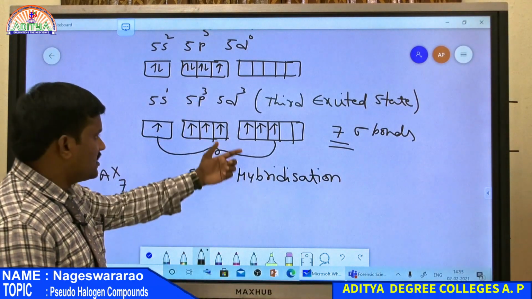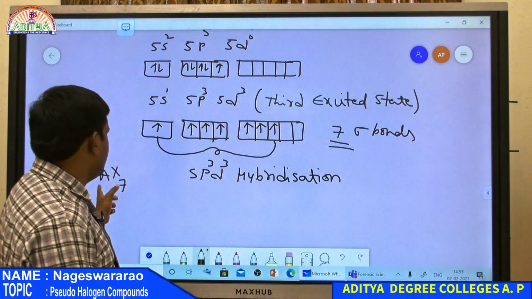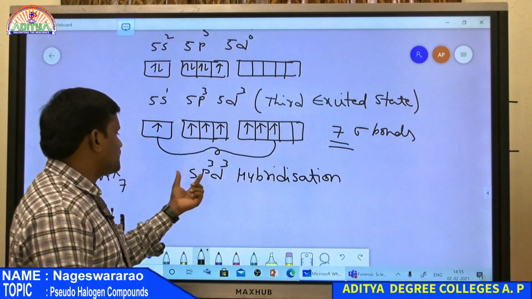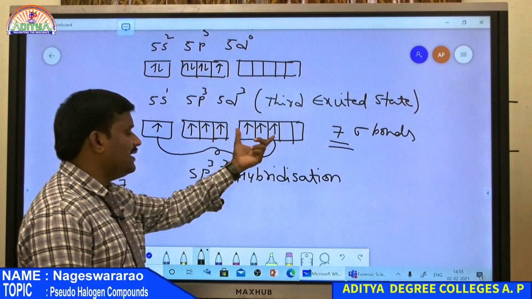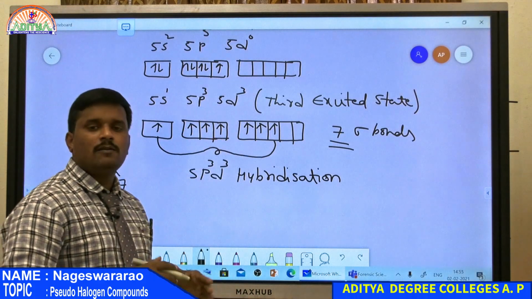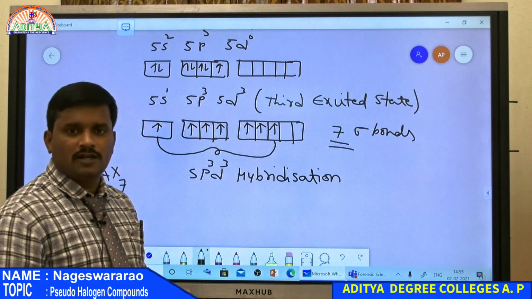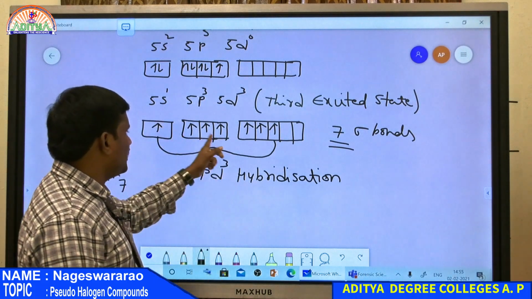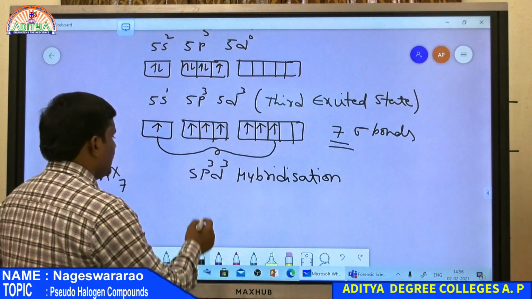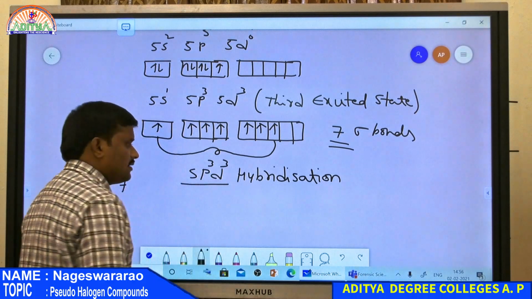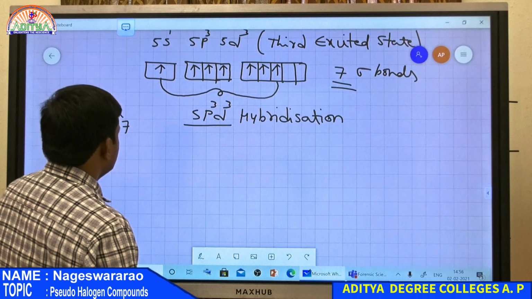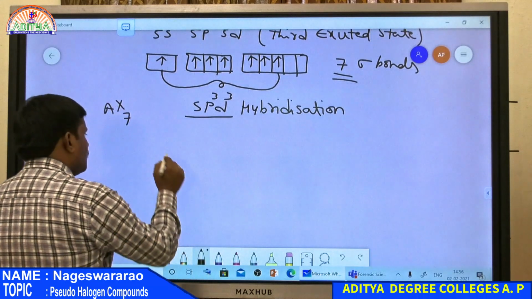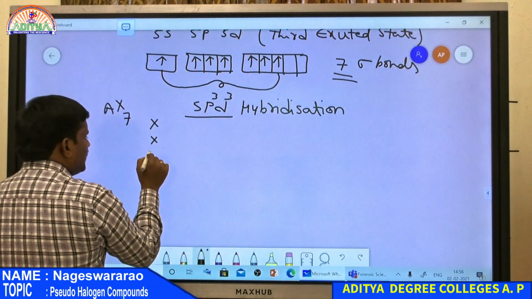So the hybridization of the central atom in AX7 is sp3d3, with 1 s electron, 3 p electrons and 3 d electrons. So there is involvement of s, p and d orbitals having 1, 3, 3 electrons. And now the geometry. It is also calculated by using the electrons.